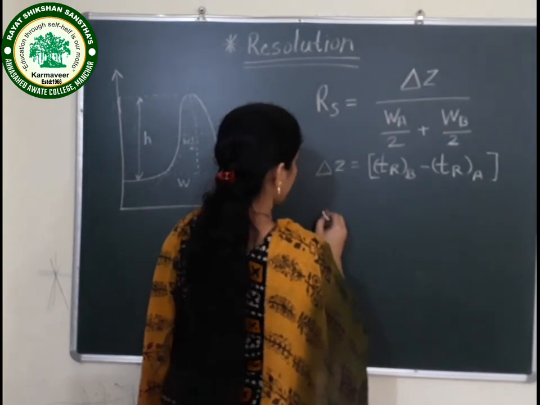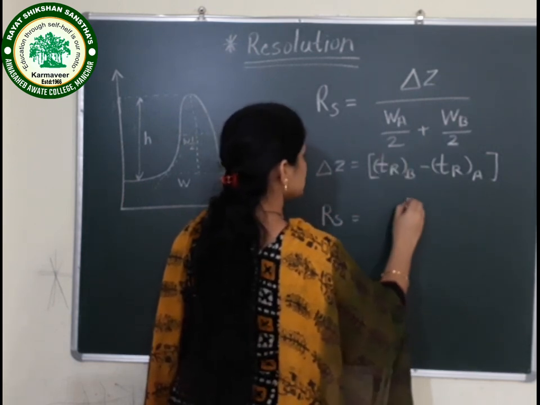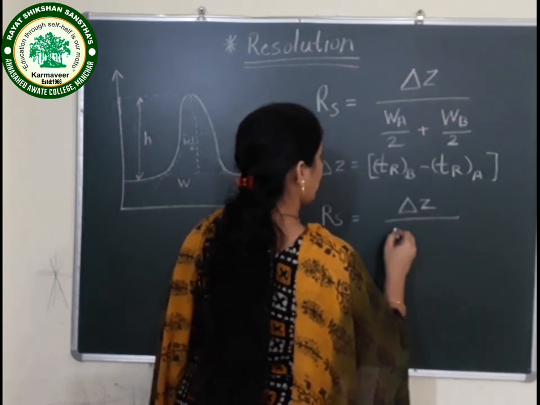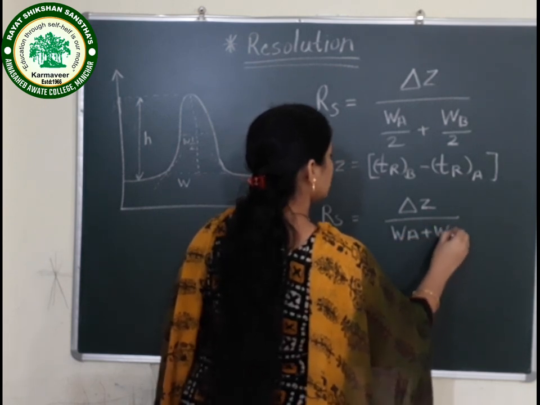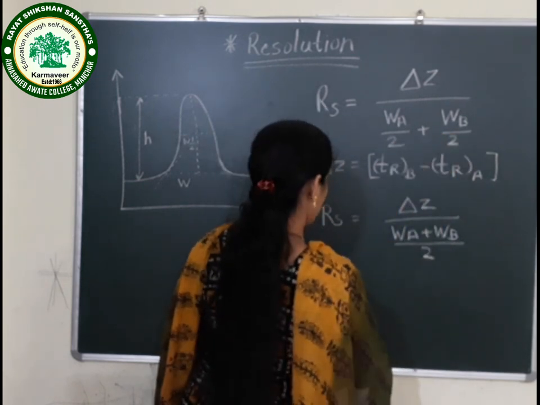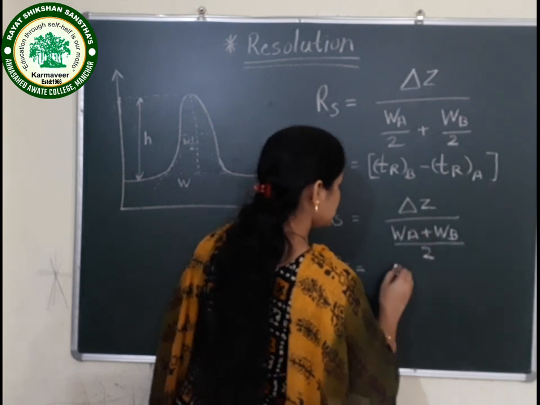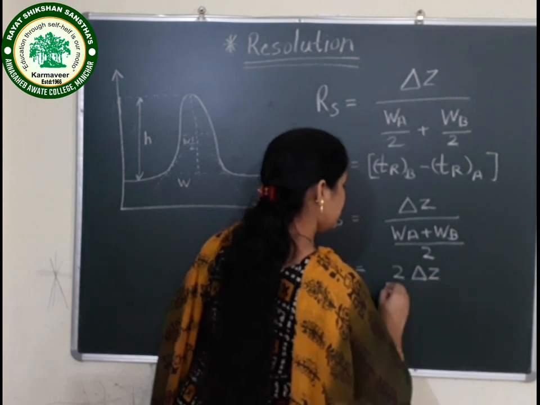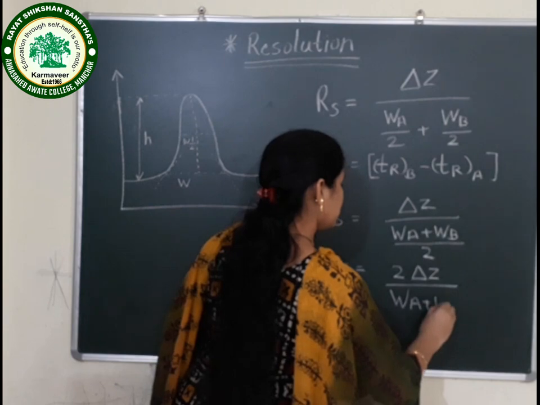Now when we rearrange this equation, we get RS is equal to delta Z upon WA plus WB upon 2. We are taking 2 as a common. Then 2 will go on the delta Z side. We obtain the equation like this.